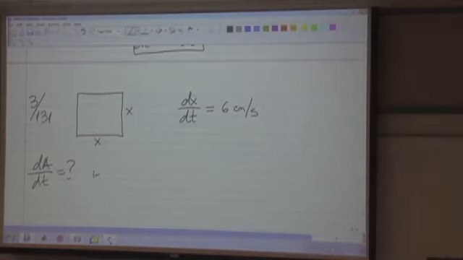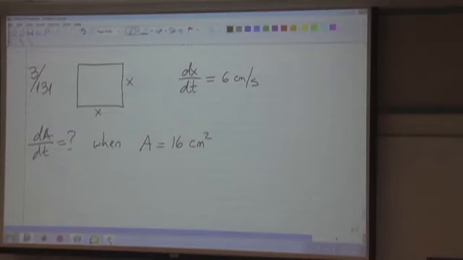So when A is equal to 16 centimeters squared. Okay? So now we basically finished off everything that we were given, right?